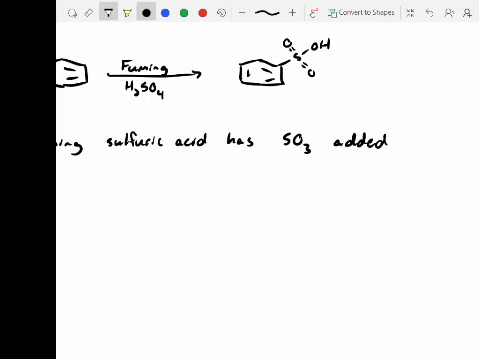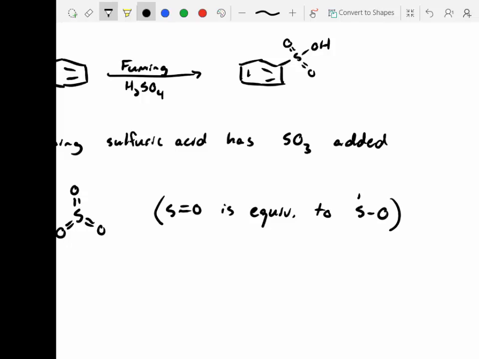So if we look at sulfur trioxide, it looks kind of funky because sulfur doesn't obey the octet rule in the way that we're normally taught. The weird thing with sulfur trioxide is that the sulfur oxygen bond that's shown is equivalent to a sulfur oxygen single bond, where the sulfur is positive and this oxygen is negative, right?